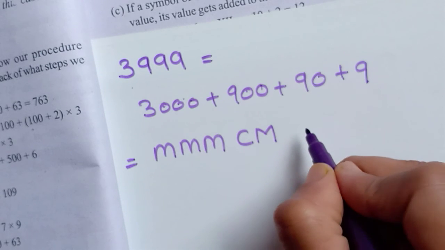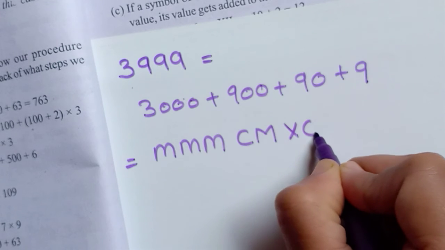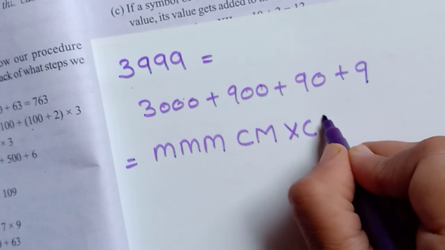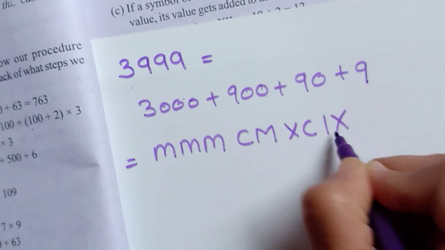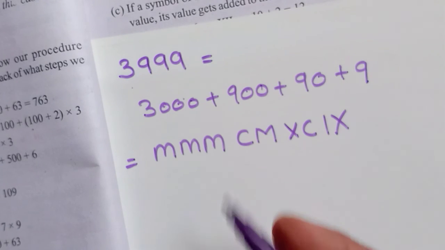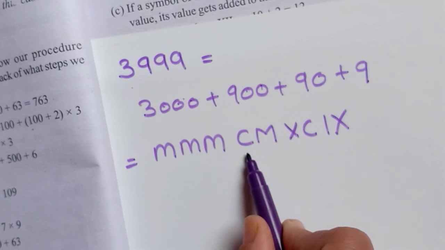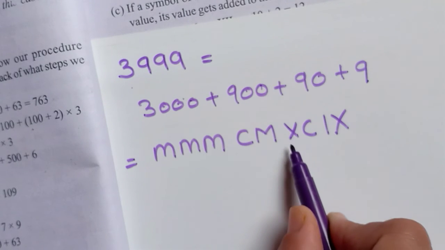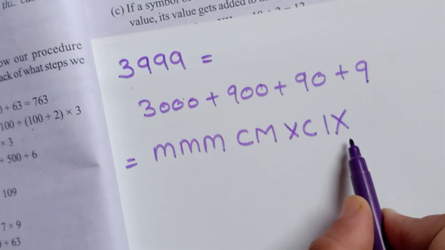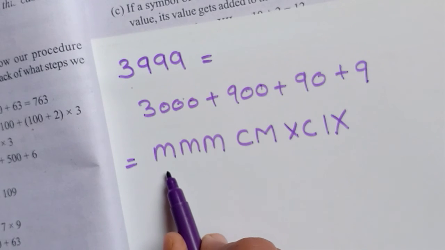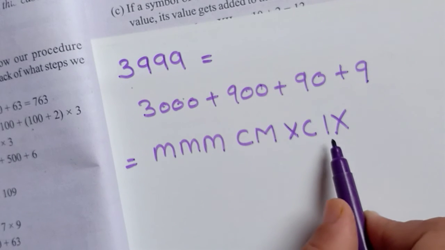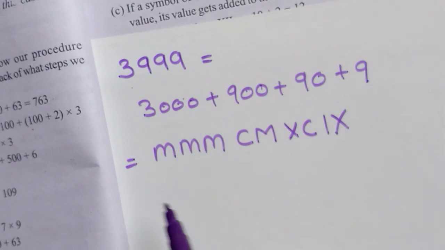For 90, we have XC. And for 9, we have IX. See how simple it is. So this is 3,999.